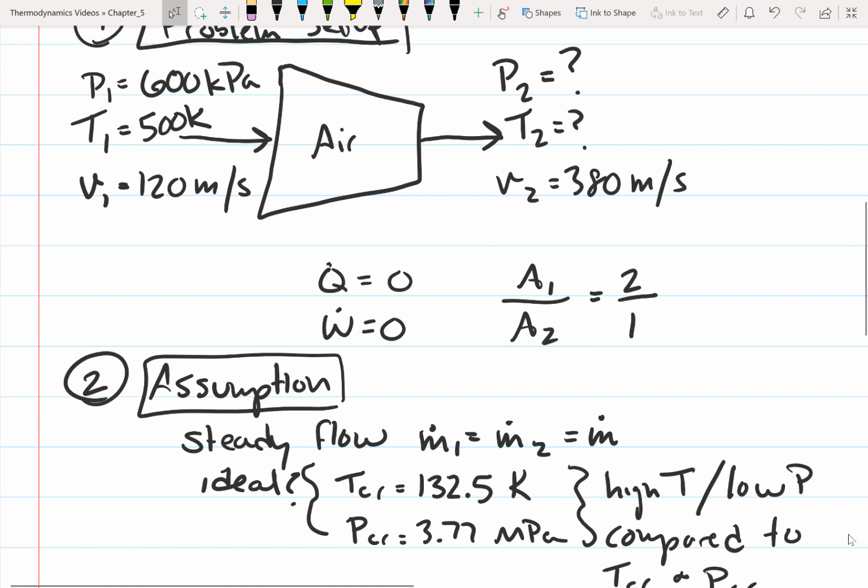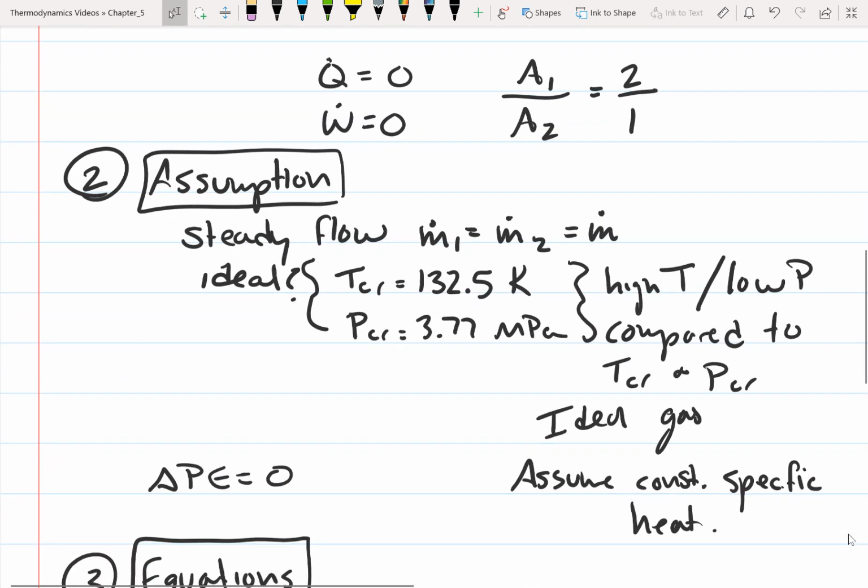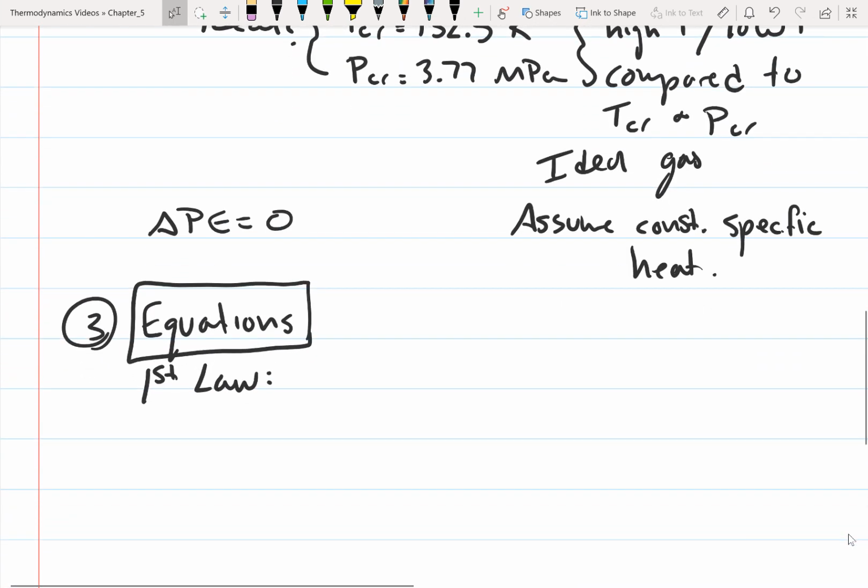And in this case, that's true. But the problem is, what if you have a system where there is heat transfer in or out?